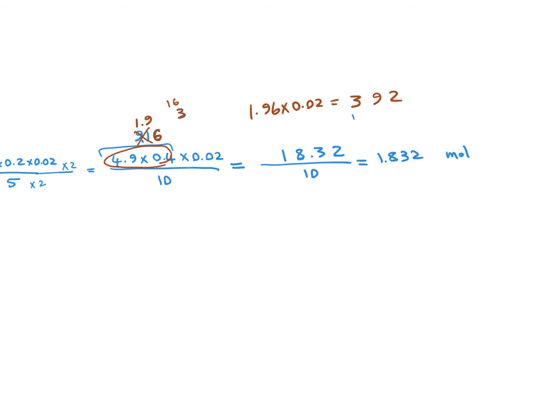So 1, 2, 3, 4. 1, 2, 3, 4. Okay, so this would be 0.0392 divided by 10, which is 0.00392 moles.